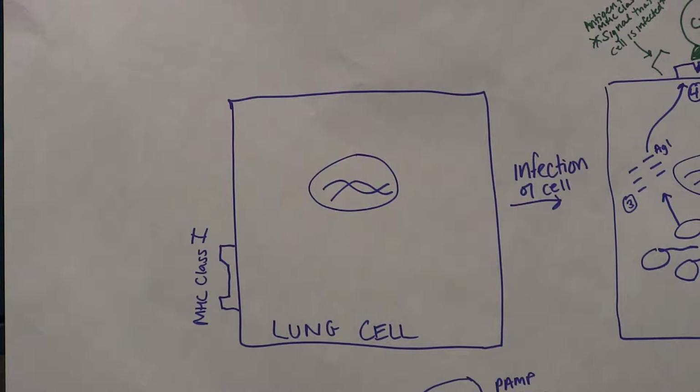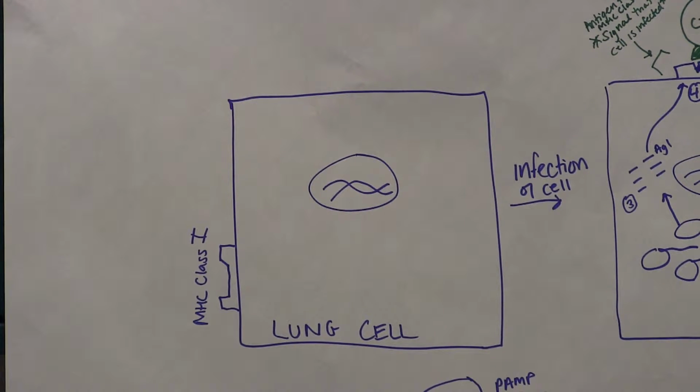Any kind of epithelial, endothelial cell is usually drawn this way. But just remember that this could also be a dendritic cell, a killer T cell, a B cell, a skin cell or a liver cell.